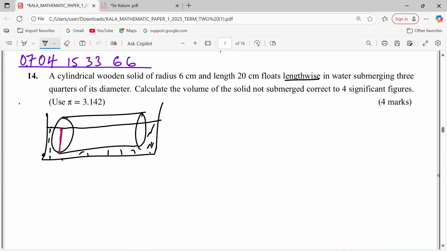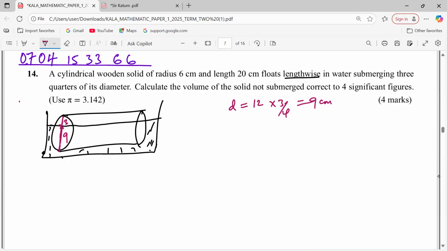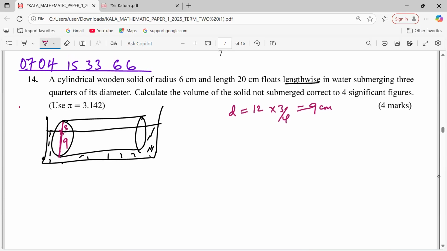We can find that length by remembering diameter equals 12. So 3/4 of this is 9 centimeters. So this is 9 centimeters already submerged, and we have 3 remaining like that. That is what we are having.